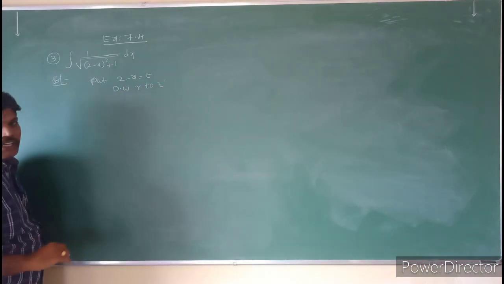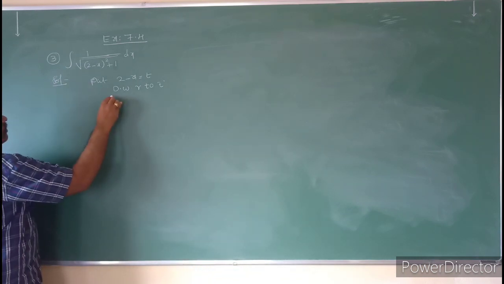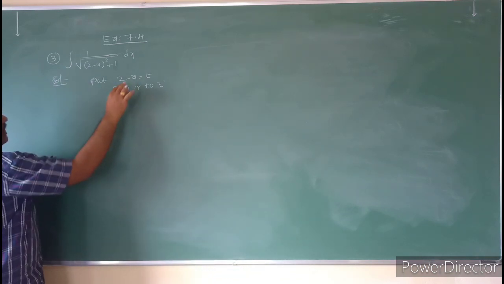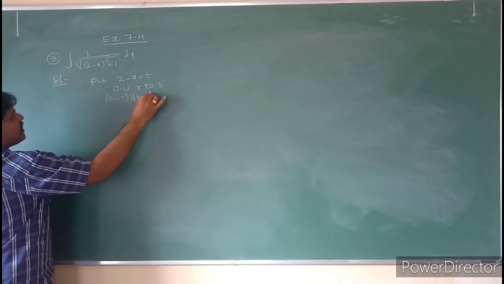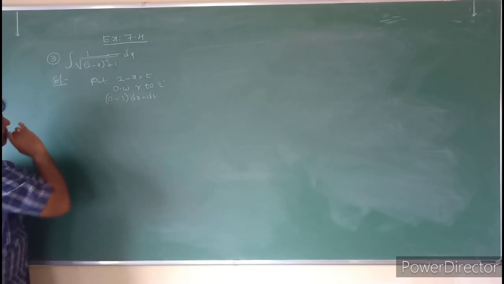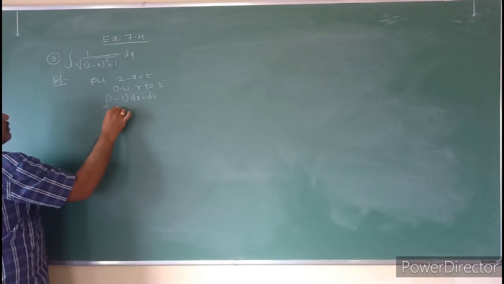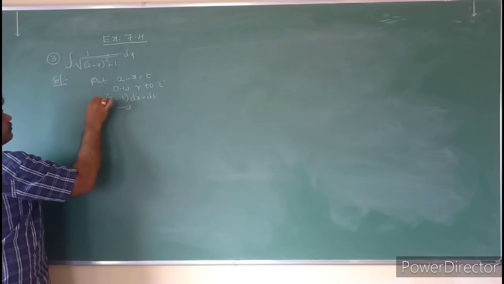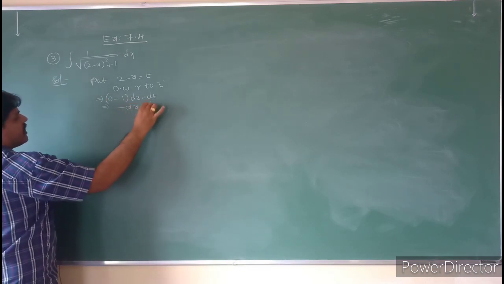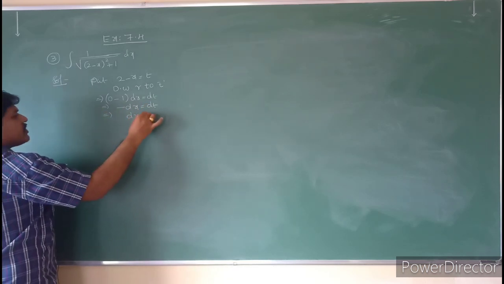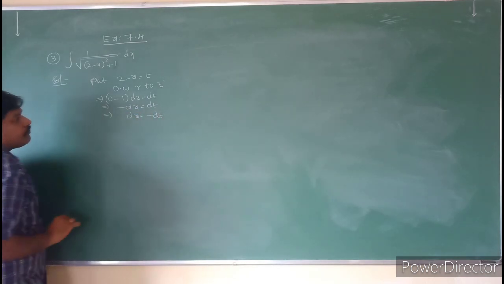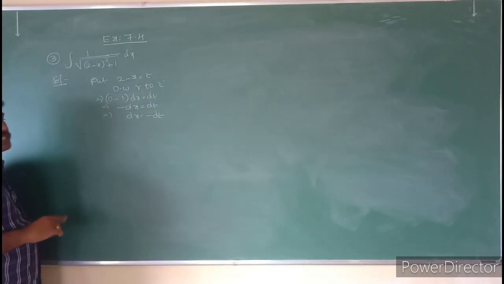So the derivative of 2 is 0, minus the derivative of x is 1 into dx is equal to dt. That implies minus dx is equal to dt. So that implies dx is equal to minus dt. The dx value will become minus dt.